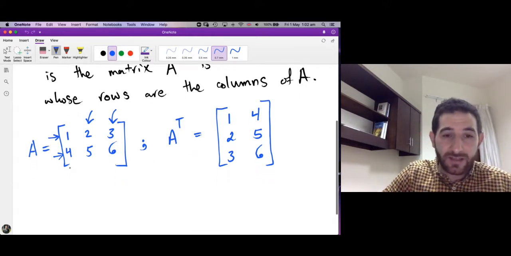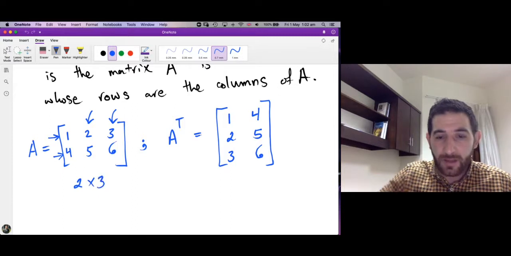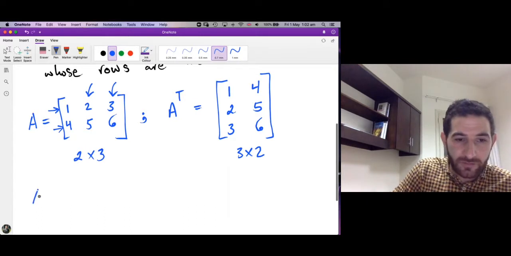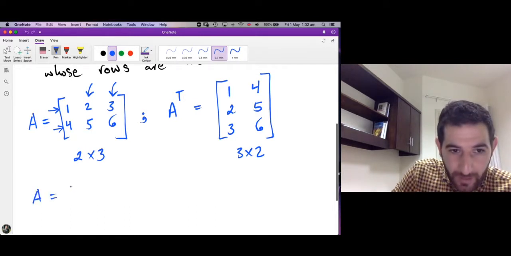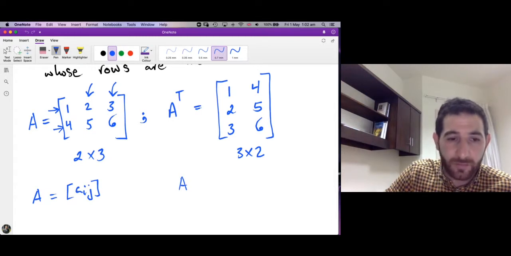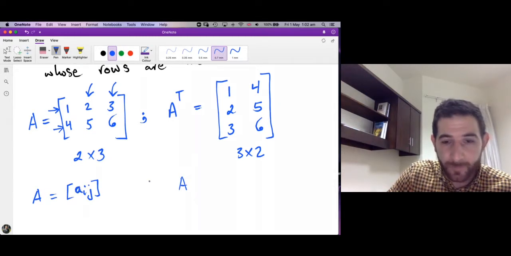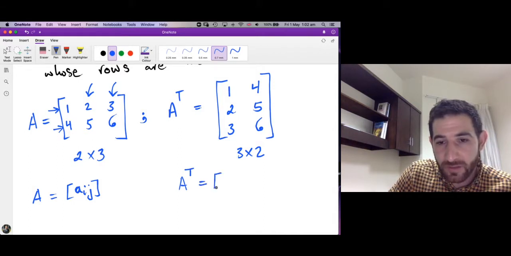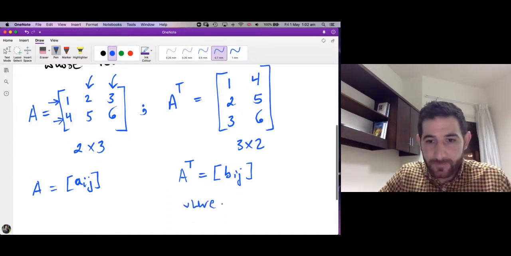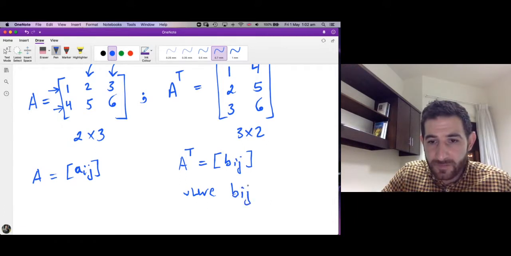And notice that if A has dimension 2 by 3, then A transpose has dimension 3 by 2. And second, if you want a formula for A transpose: if the entry in the ith row and jth column in A is denoted by Aij, and in A transpose we denote the entry by Bij, then you need to see that Bij is equal to Aji.